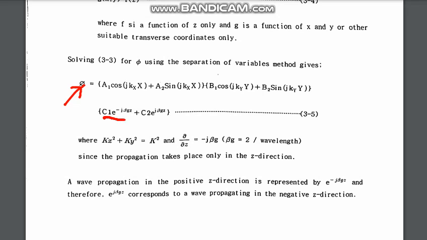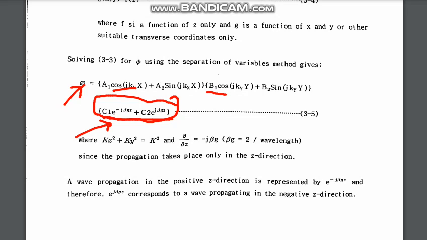There is a part of the equation that depends on the propagation of that wave, which direction it propagates, and the propagation constants are involved in it. But the other multiples like a1, a2 and b1, b2 are related to the magnitude.